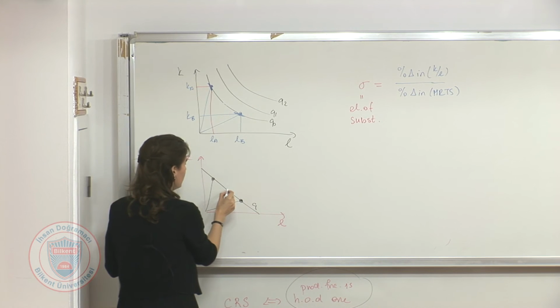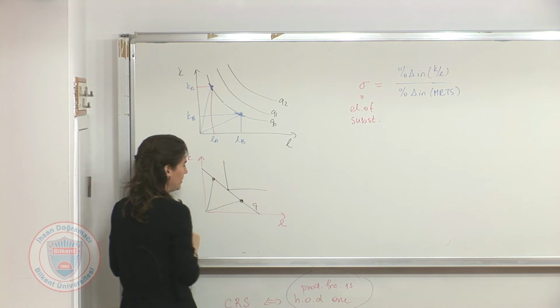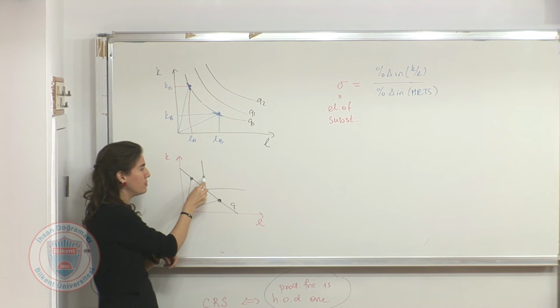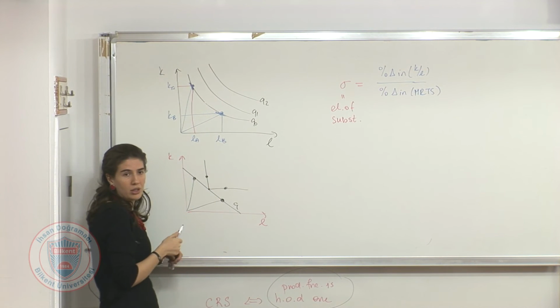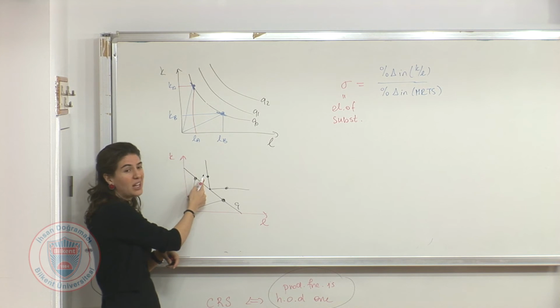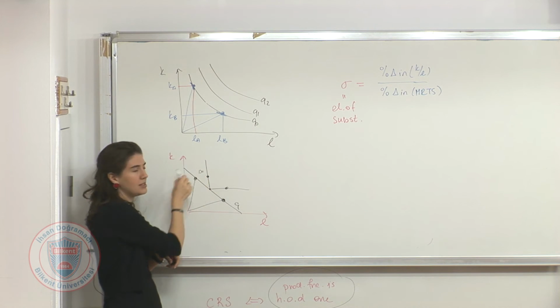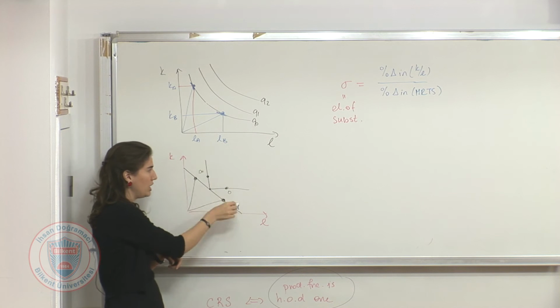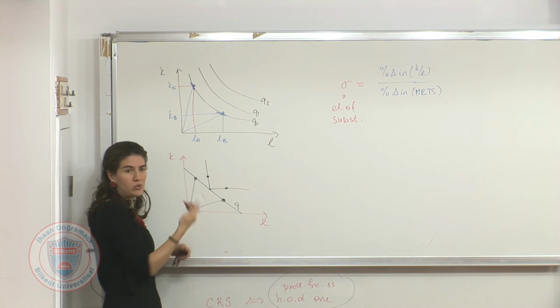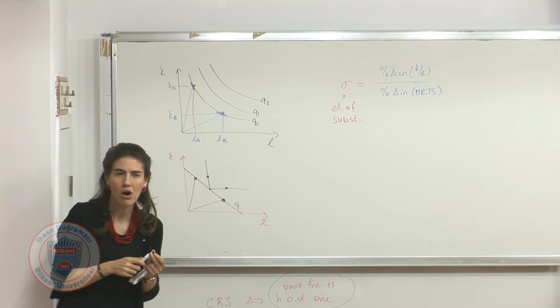Or think of this other case. As soon as I change the input mix from here to here, the marginal rate of technical substitution is infinity here and 0 there. It changes a lot. Can you easily substitute them? No, because they're perfect complements.